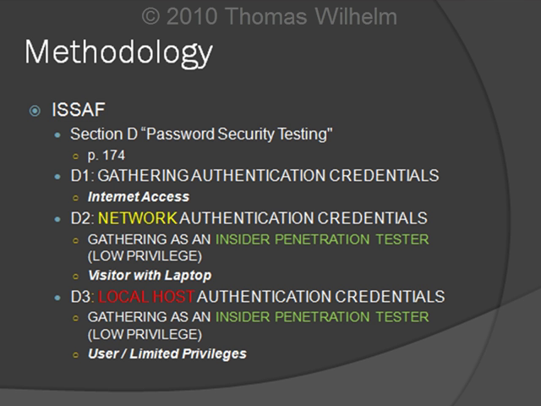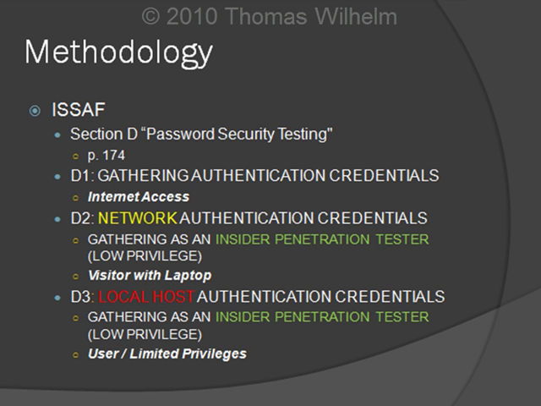The situation is you walk into a facility, you connect that laptop into a network, and then you go from there. You see what you can access. Again, you don't have any direct access to a system, but you see what you can access that way.